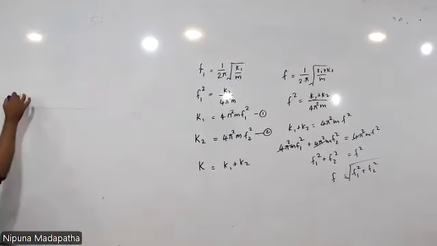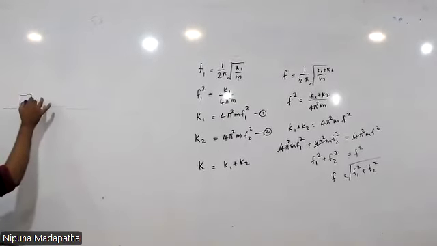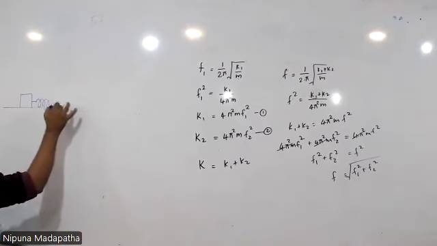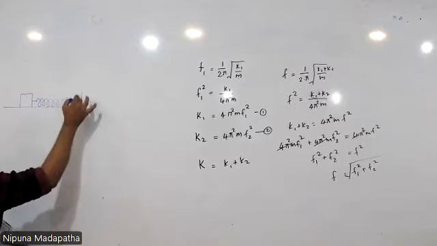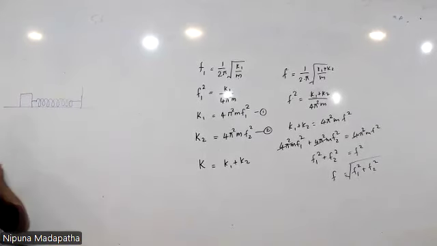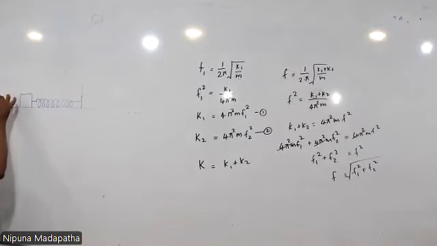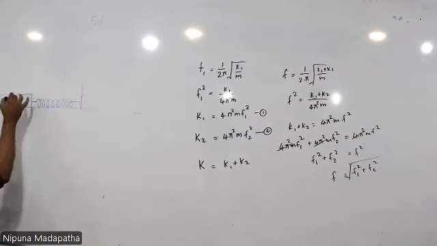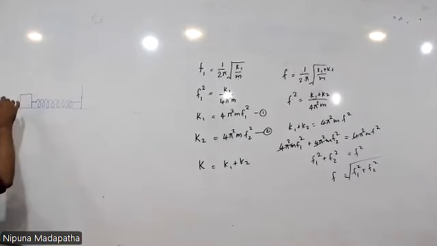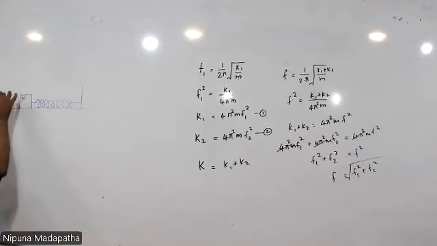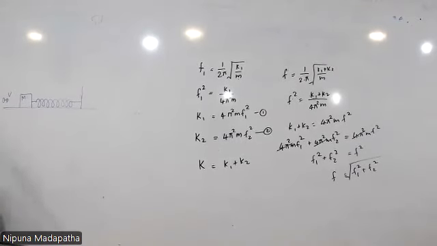The wooden block also has a spring attached to it. So what happens? A bullet is fired towards the block of mass M. The speed of the bullet is capital V. The mass of the bullet is small m.